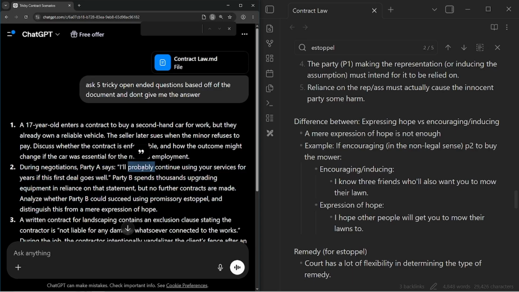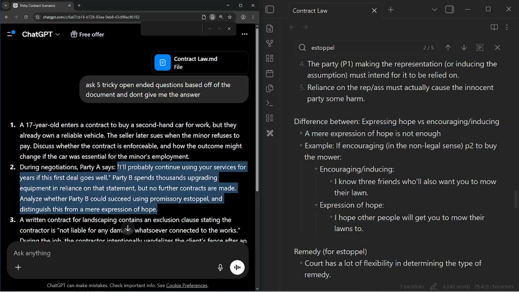I think what we'd have to do, to find out the answer, is actually read some cases and look at how they've argued for the difference. Look at what the actual arguments are when a statement is being contested for being an expression of hope versus encouraging or inducing.